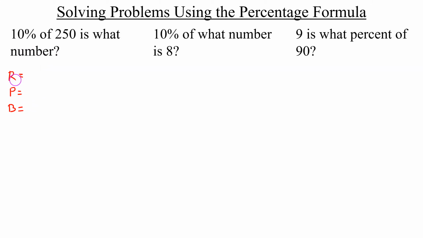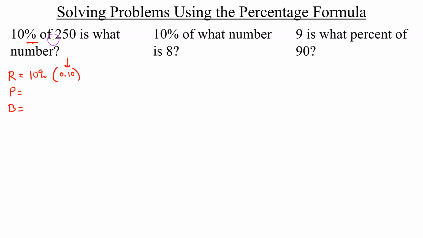Rate is generally pretty easy to figure out because it is the percentage and it often will have the percentage sign with it. So the rate is 10%. In decimal form, that would be 0.1. I write that because when you're actually doing the calculations, you want to make sure you're using the decimal form of the percentage. Portion is the part, and then base is the whole.